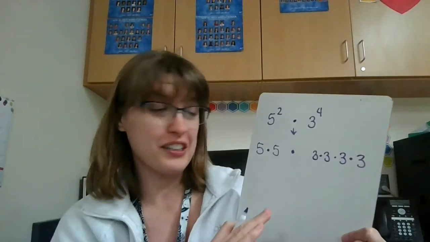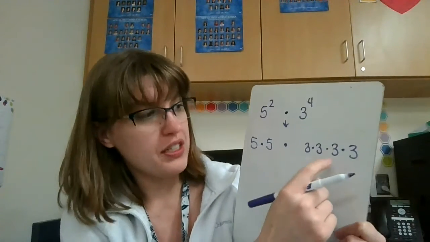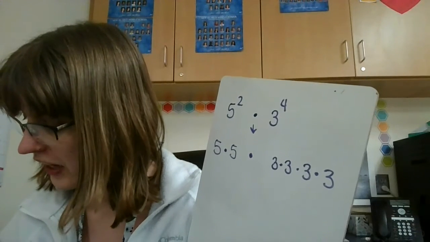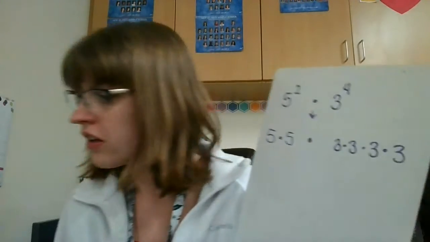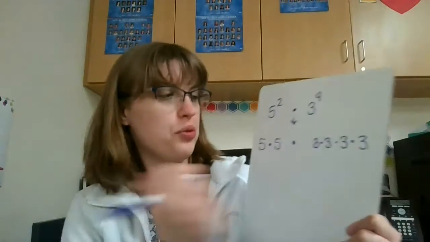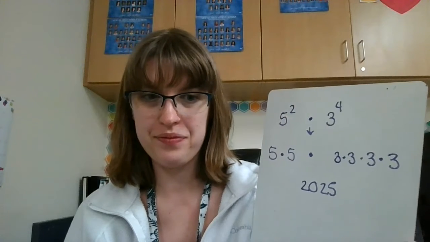Let's just type it into a calculator. So we would do 5 times 5 times 3 times 3 times 3 times 3. That's 2,025. That would be our answer.